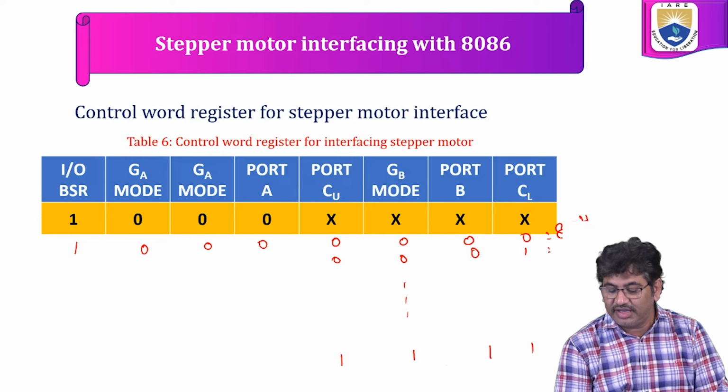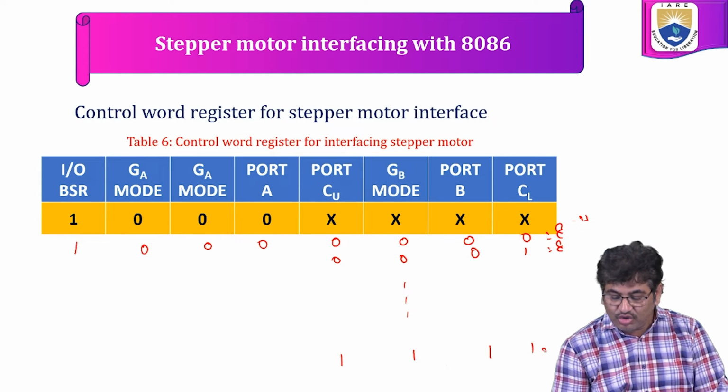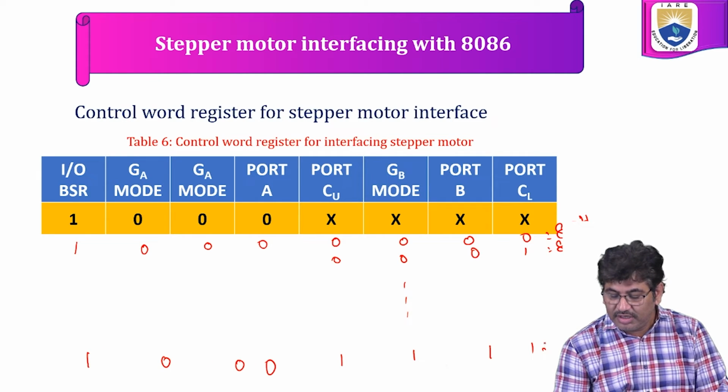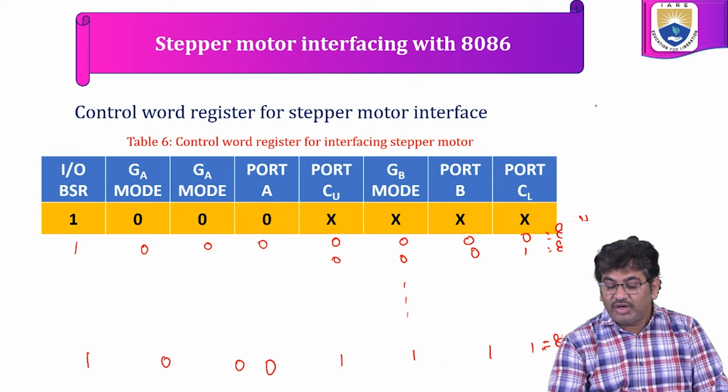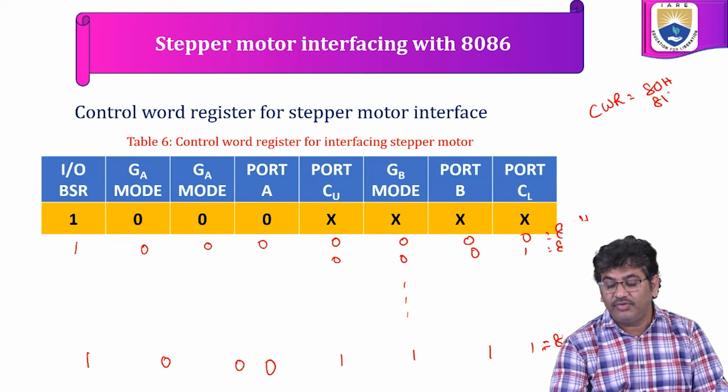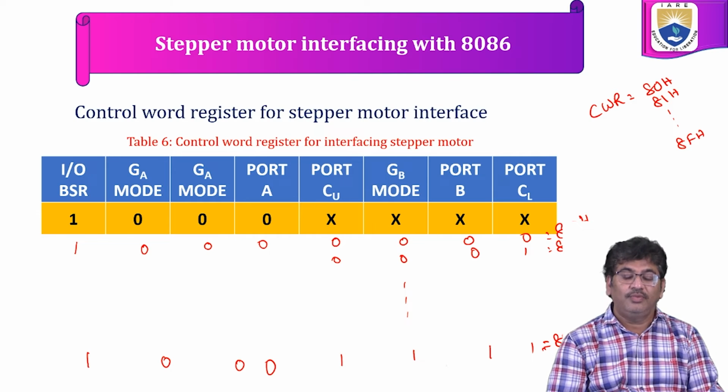For this case it is 81H. Like this, the last combination we can have is 8FH. So the control word register value we can write for stepper motor control is either 80H or 81H, like this until 8FH. You can write any value.